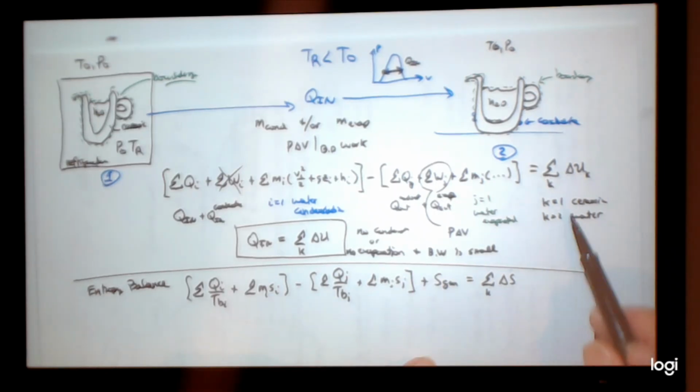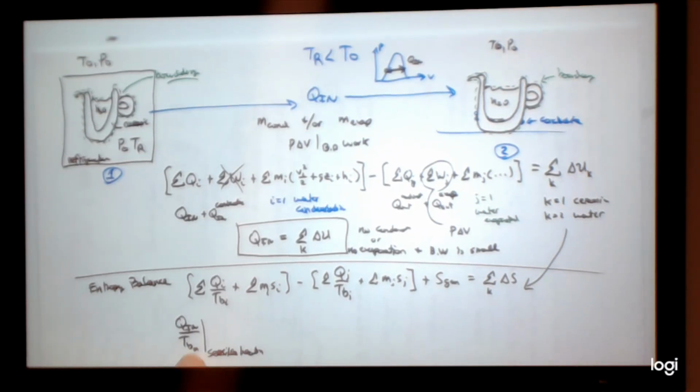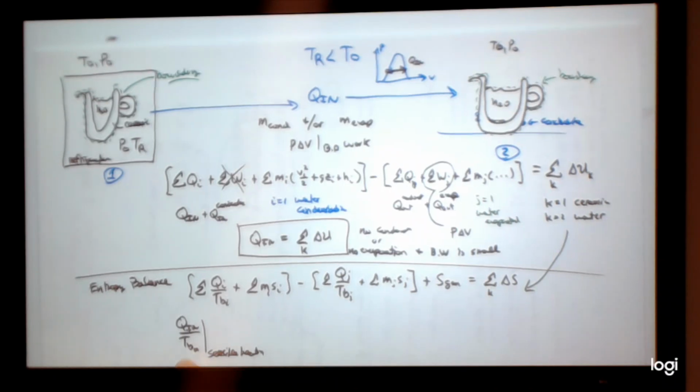So of course K equals 1, ceramic, so this still applies.